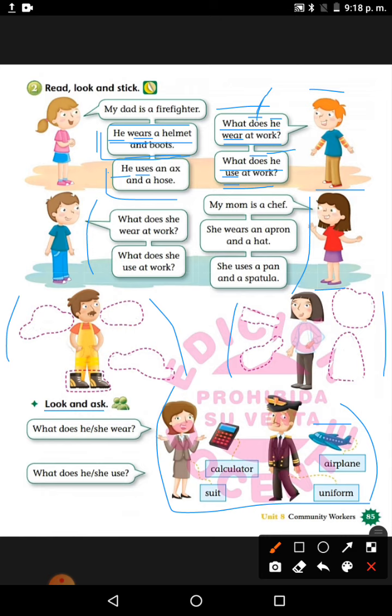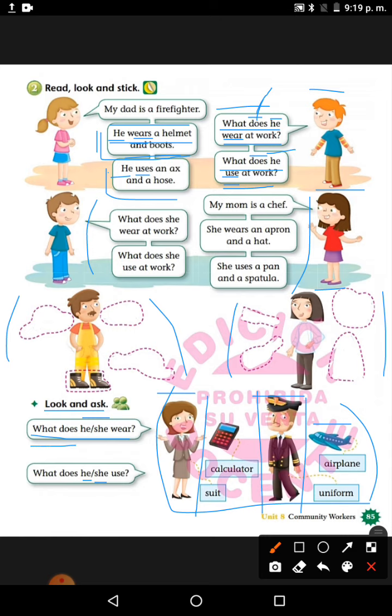The first question says, what does he, she wear? Here you have two options, he or she. Do you know why? Yes, because you have here a female and here you have a male. We use he for a male, okay? And we use she for female, okay?